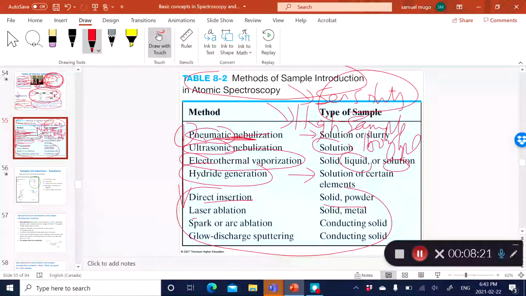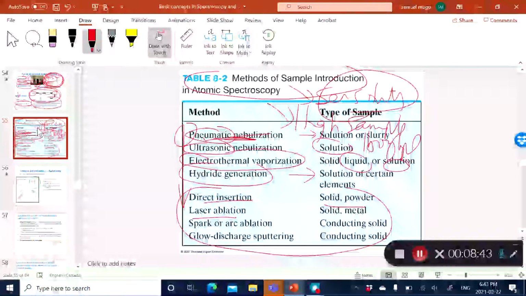Another method is laser ablation, where typically you use a laser. And remember how the laser is made. I think I described that previously when we were talking about different types of light sources. Laser, of course, stands for light amplification by stimulated emission of radiation, so it's an acronym. It's very, very energetic.